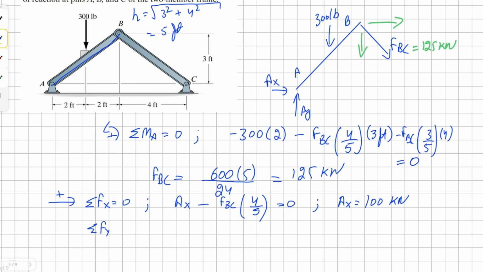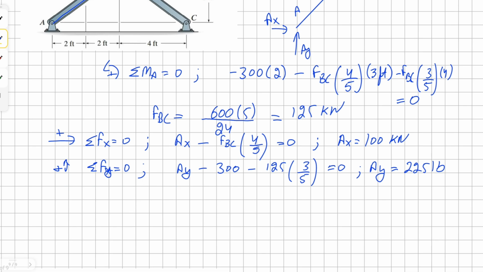Similarly, taking the sum of forces in the vertical direction, you're going to have AY as positive, point load as negative, and the vertical component of force BC will be negative 125 times 3 over 5 equals 0. Solving for AY, we should get 225 pounds.